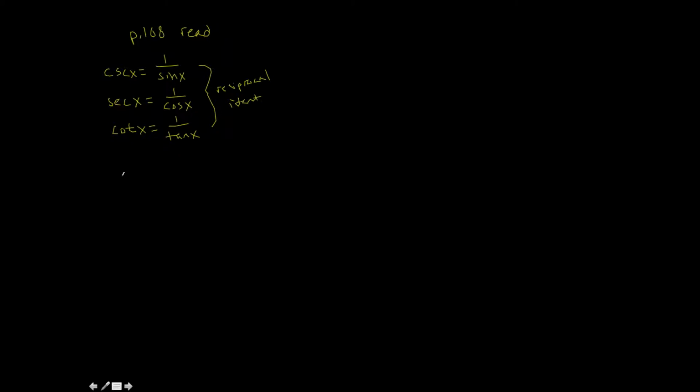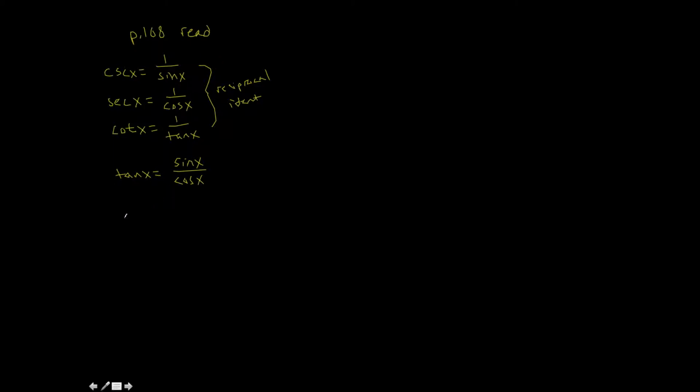We also have on that page tangent x equals sine of x over cosine of x. All these should make sense to you, because think of what tangent is. Tangent is b over a. Sine is b, cosine is a. Hopefully that makes sense. They have the a over b form written on that page to show you. I'm just giving you these main forms because I know you can read.